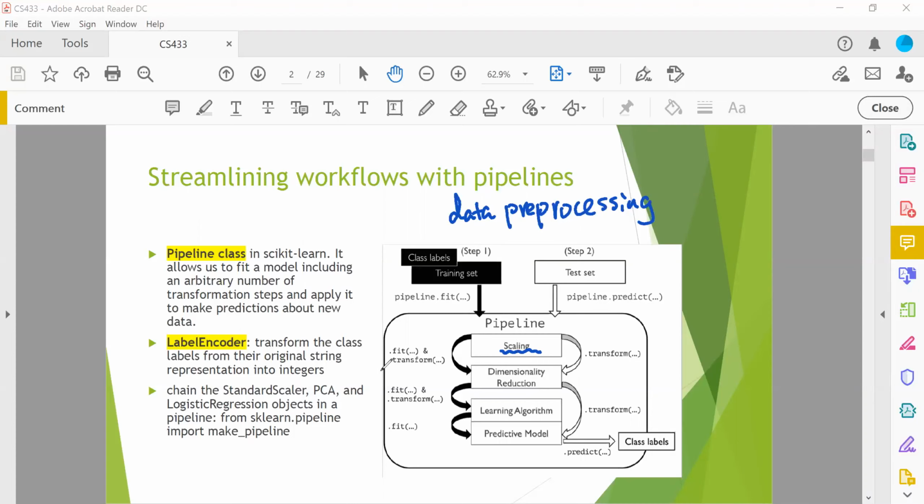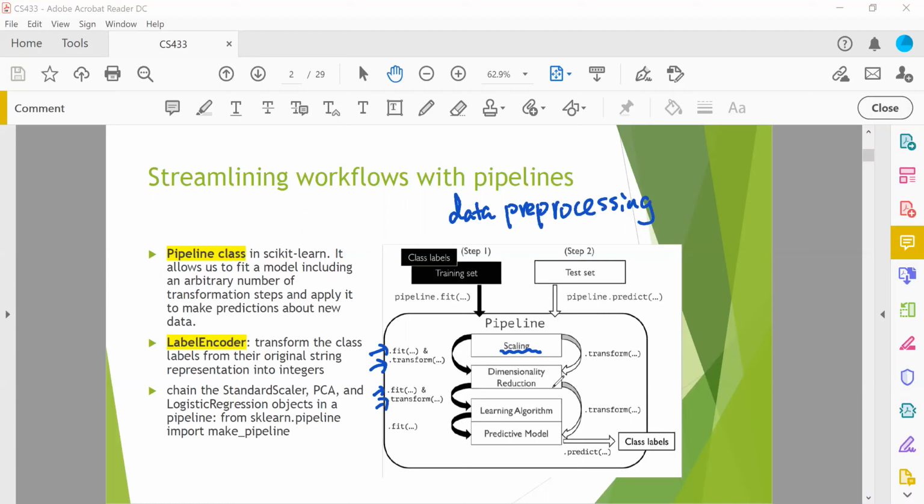Generally speaking, when you use sklearn, you need to call fit, and then you need to call transform, so it's two steps. Then we also learned dimensionality reduction, where you can also call fit and transform.